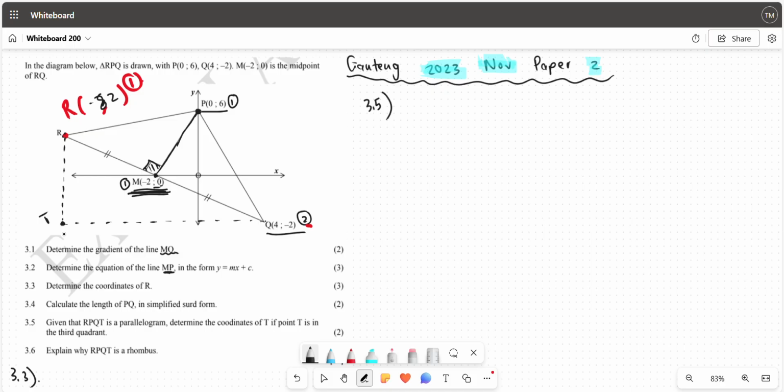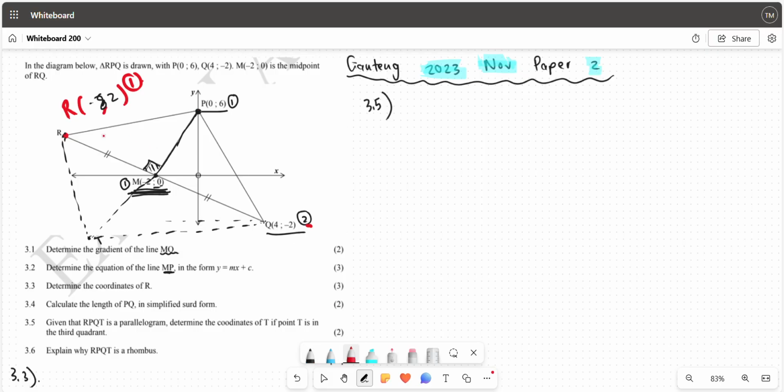So how do we solve for T? First of all, what you need to know about a parallelogram is that these diagonals, maybe let me put my T at a better place that looks more believable. I think T would be somewhere here. One thing you need to know about a parallelogram is that the diagonals bisect each other.